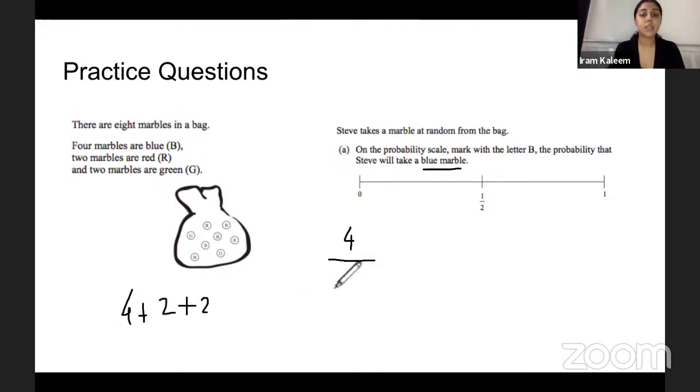That gives me 8 marbles in total. So 4 out of 8 is the probability, which, if we simplify, is a half. So if we wanted to mark this on the diagram, we would just mark it here. That's where B would go.